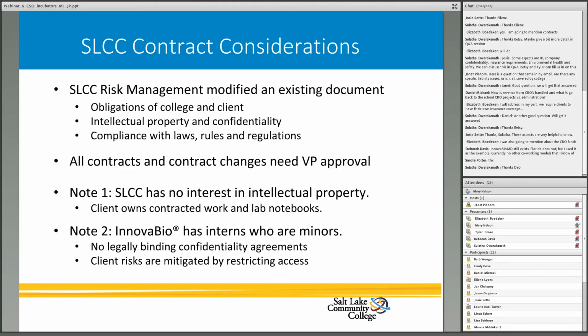One other key thing is that InnovaBio has interns who are minors, those high school students that come to us usually from the tech programs. We don't have any legally binding confidentiality agreements, and this is a risk to our clients, but we tell them we can mitigate those risks by restricting access to confidential information.